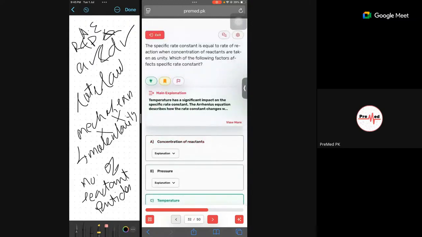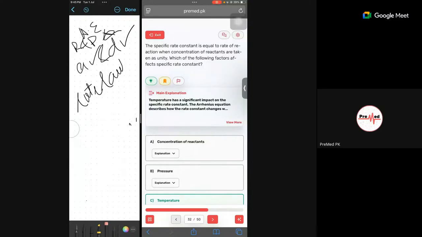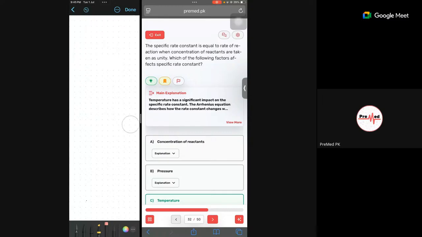The next MCQ is very, very important because many of us make a lot of mistakes in this particular MCQ. The specific rate constant is equal to the rate of reaction when the concentration of reactants is taken as unity. This is the whole definition of specific rate constant. Which of the following factors affect the specific rate constant?